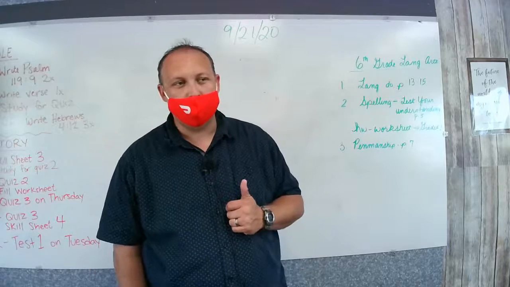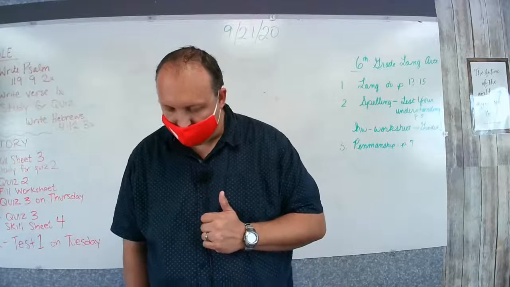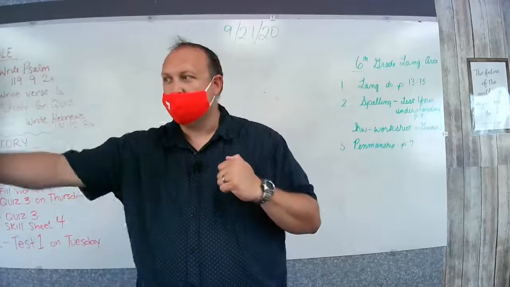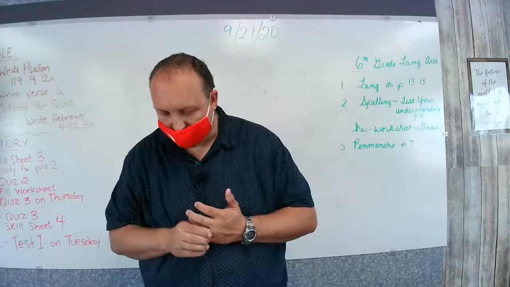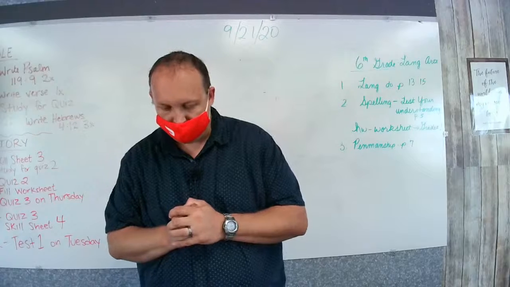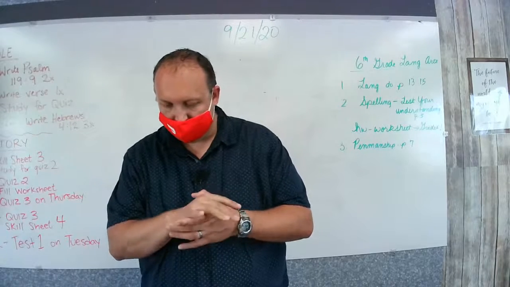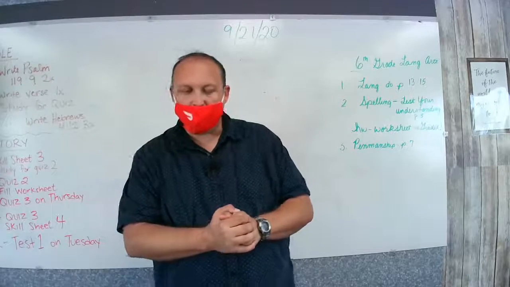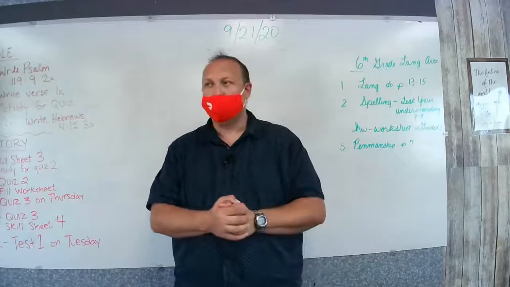M is the abbreviation for? Olive? Meter. CM is? Centimeter. IN is? Josiah? Inch. HM is abbreviation for? Tony?